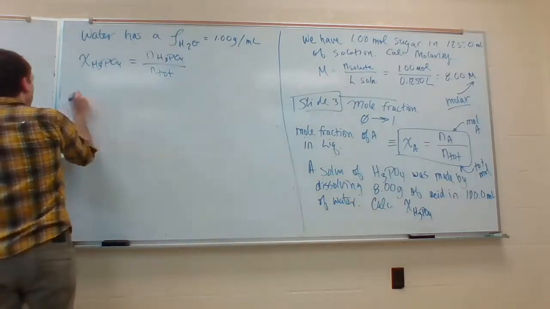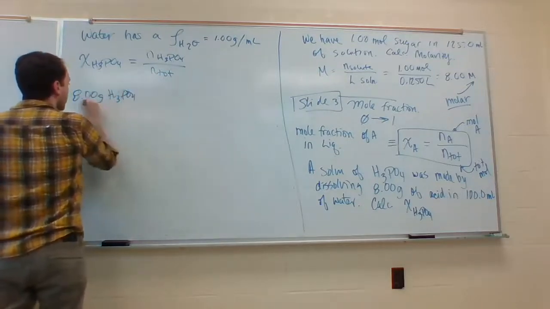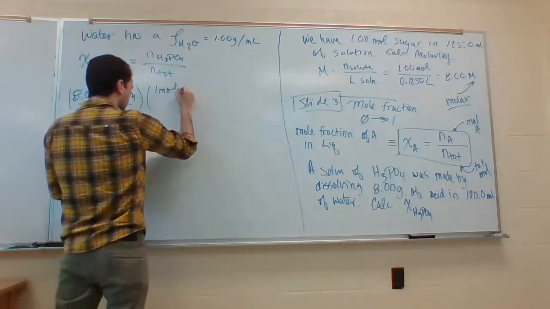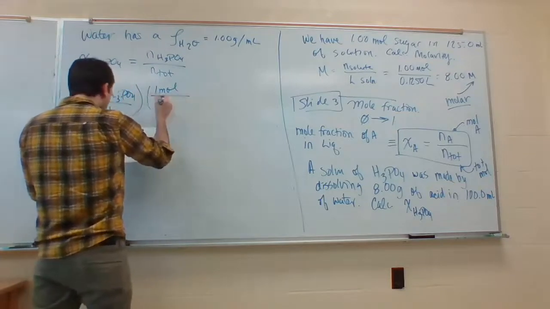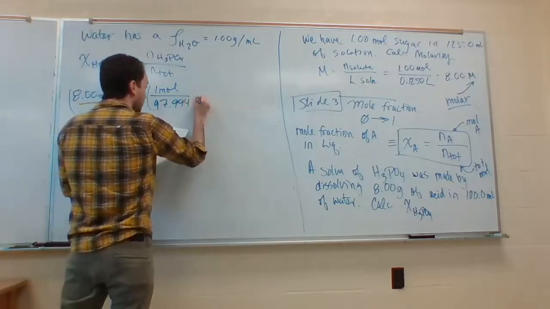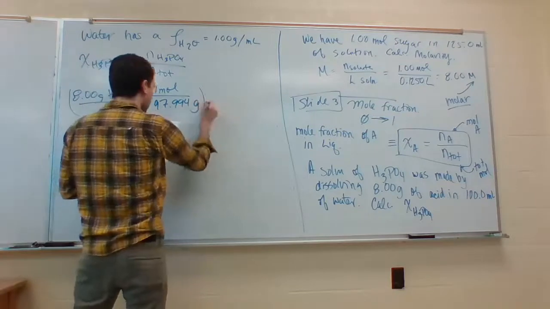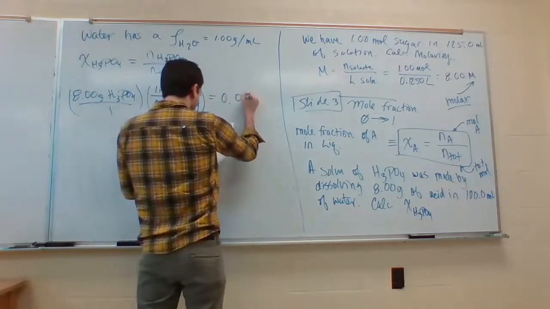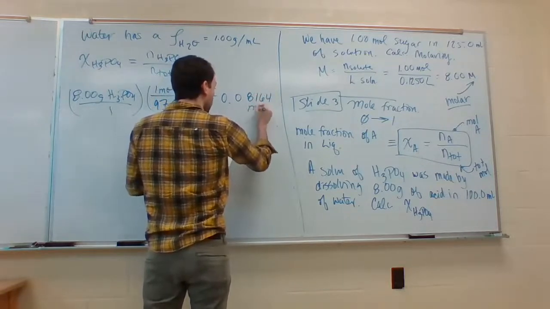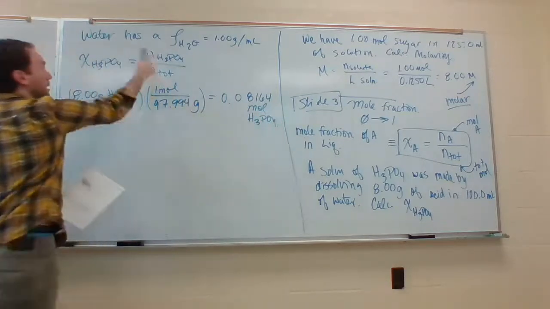We have 8.00 grams of H3PO4, and 1 mole of H3PO4 corresponds to 97.994 grams of H3PO4, which is equal to 0.08164 moles of H3PO4. That's what we needed for the top.